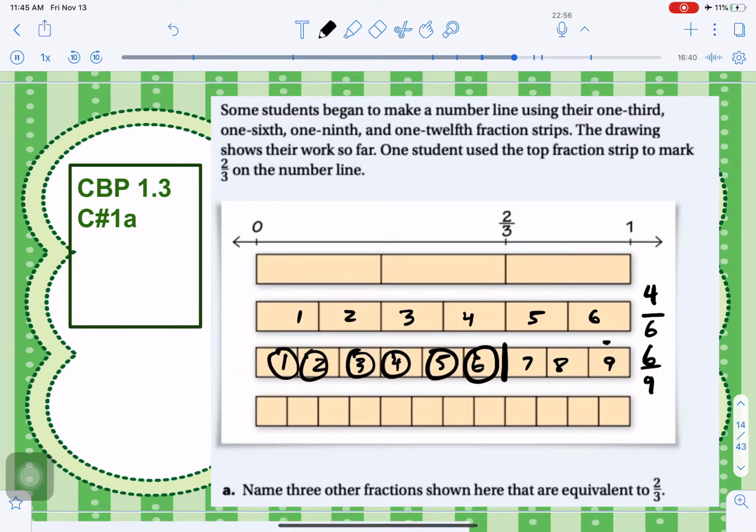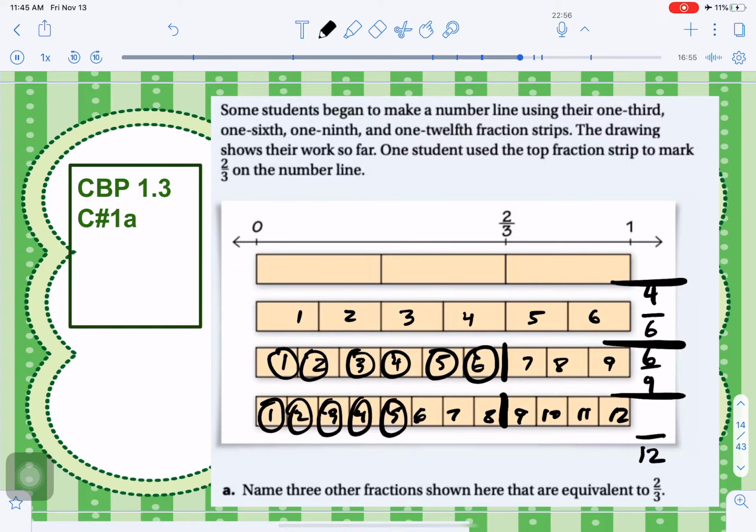The next one, I see that there are 1, 2, 3, 4, 5, 6, 7, 8, 9, 10, 11, 12 pieces, which means each piece is 1/12. So counting up, I have 1, 2, 3, 4, 5, 6, 7, 8 twelfths, equivalent to 2/3.